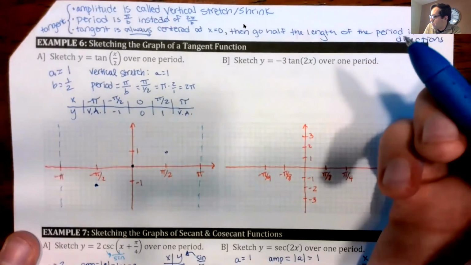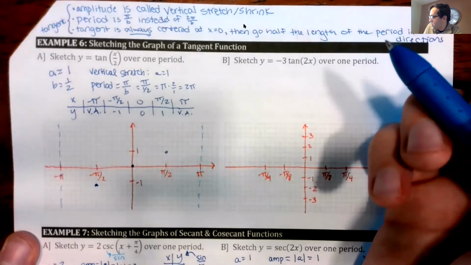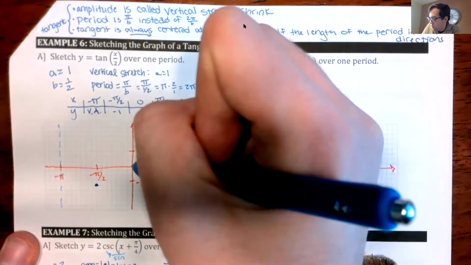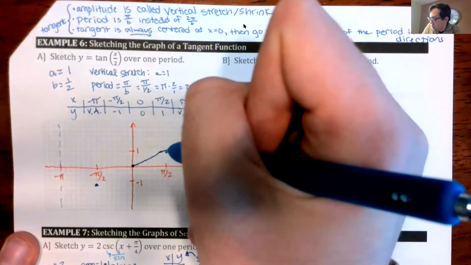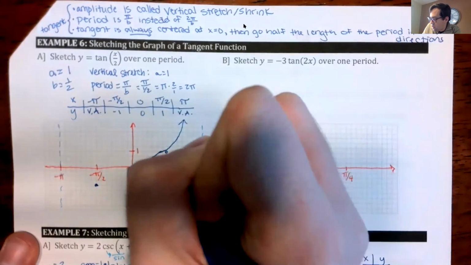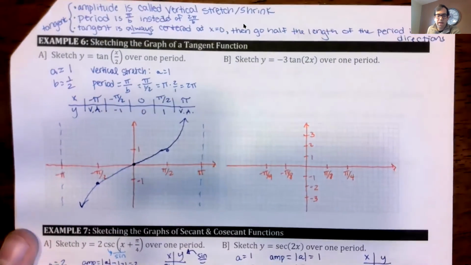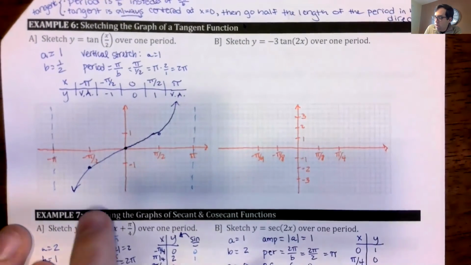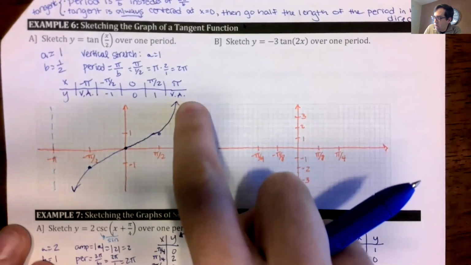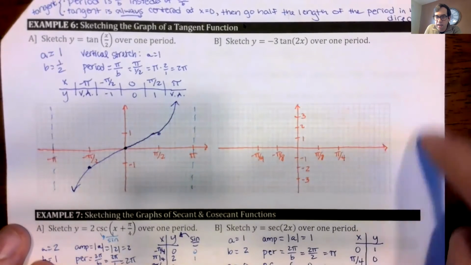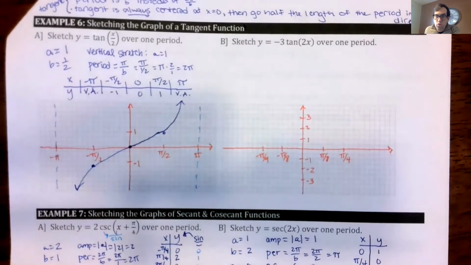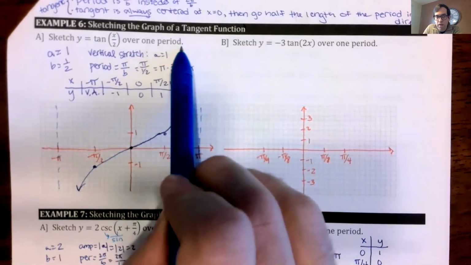And I'm going to try to sketch this so that it looks as close to what a tangent looks like as possible. So it's going to start going this direction and then curve up, and this direction and curve down. Something like that, okay? Now keep in mind that's just one period, so that exact pattern is going to repeat again and again and again if we drew more of the graph. But we don't need to, we only need to make one period.